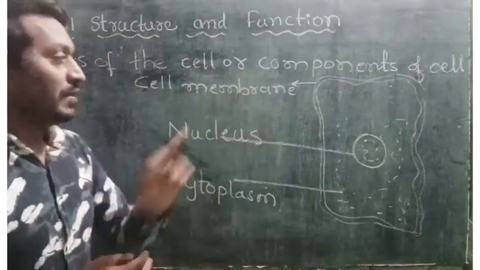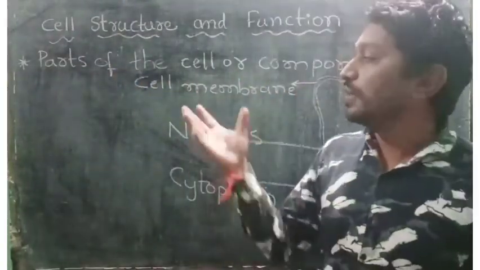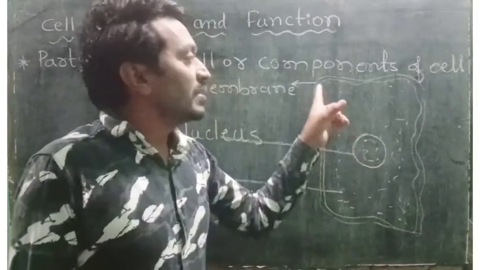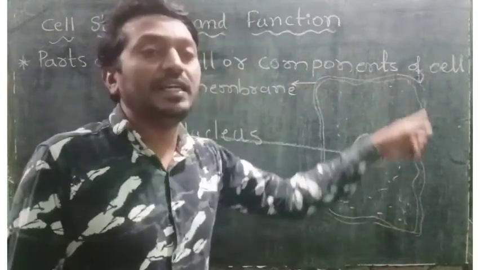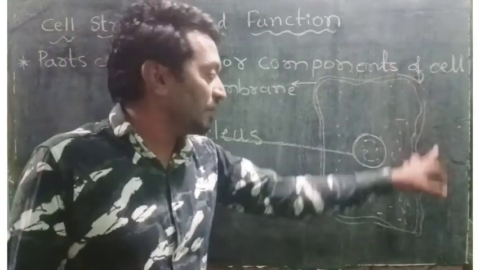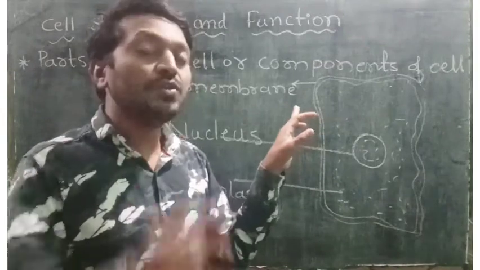Cell membrane. What is the cell membrane? What is the main function of the cell membrane and how is it? The cell is surrounded by a thick layer called the cell membrane. It's completely made up of the membrane. Membrane means the sensitive skin, sensitive layer.